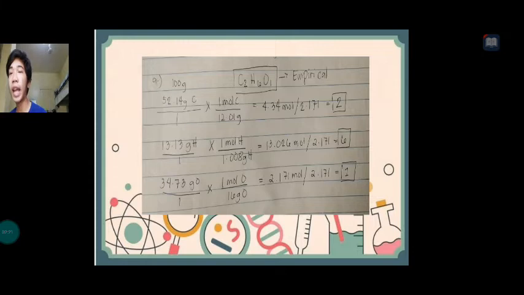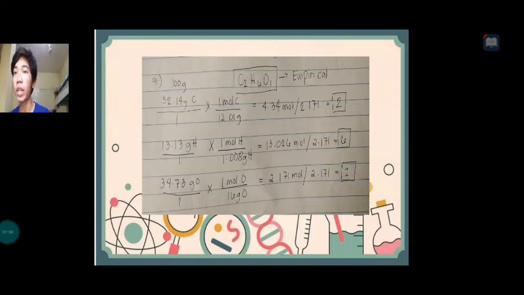And then the next is 13.13 grams hydrogen times 1 mole hydrogen divided by 1.008 grams hydrogen. Cancel the grams and hydrogen, equal to 13.026 moles.